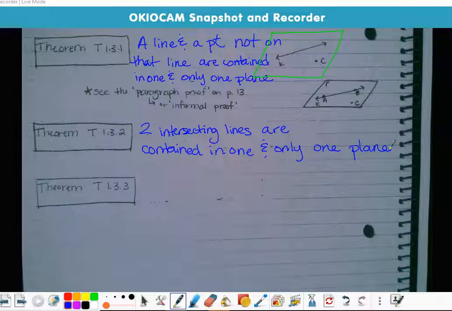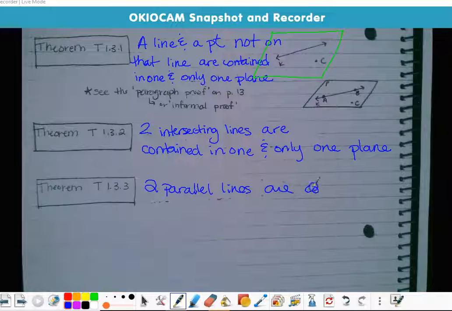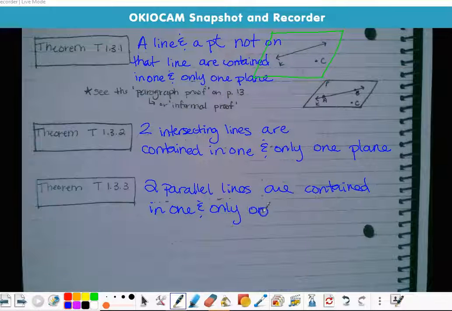The next one: two parallel lines are contained in one and only one plane. Don't erase it yet. Okay. So 2 parallel lines are contained in one and only one plane.